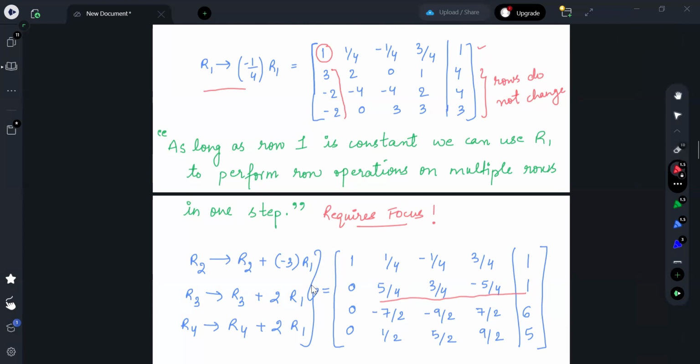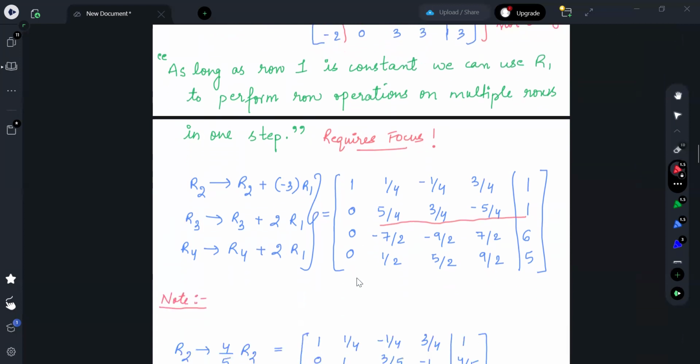Okay. Now, you see, my first column is sorted. I have 1 here, zeros below it. There's nothing above it. So I can move on to the next pivot entry, which is the second row and second column, this one.